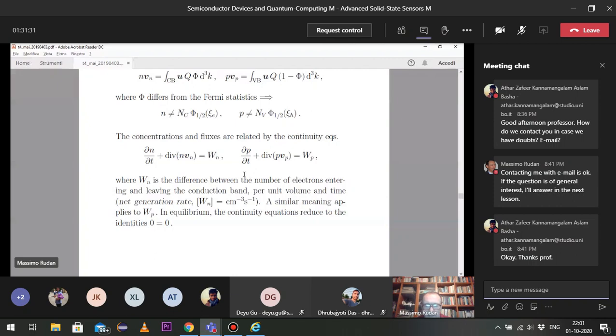The quasi-static approximation does not apply to these two terms because the phenomena that determine the variation in time of n and p are much, much, much slower than the propagation times. So in dynamic condition, dn over dt and dp over dt must be kept in the equations.